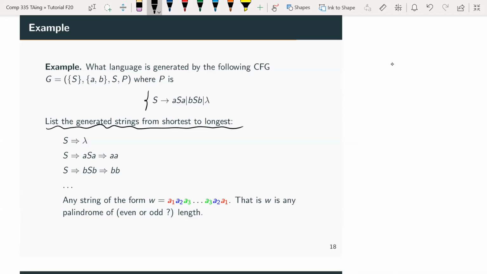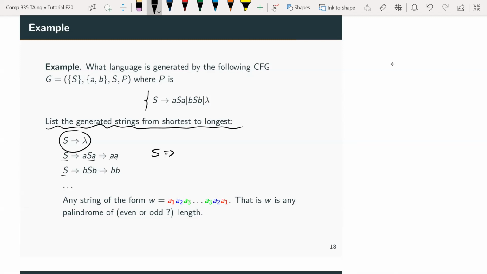So in this case, of course, the shortest string is lambda. If I replace S with lambda, then the second shortest strings are going to be, if I replace S with ASA, I'm going to get AA, and S with BSB, I'm going to get BB.